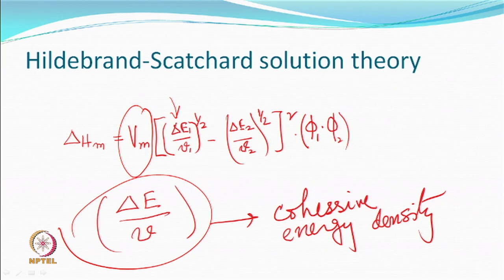If it is a more crystalline material, then it will be difficult, the delta E to separate them is going to be more, and the small v, which is the molar volume of that material, let us say a solvent has got some molar volume. So, it is related to the cohesive energy, that means whether the molecules are in the crystalline form or they are amorphous already.